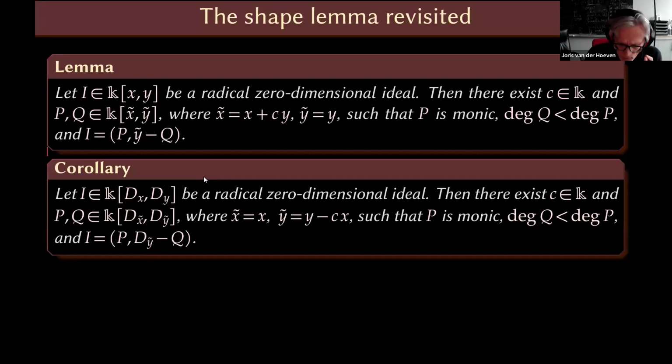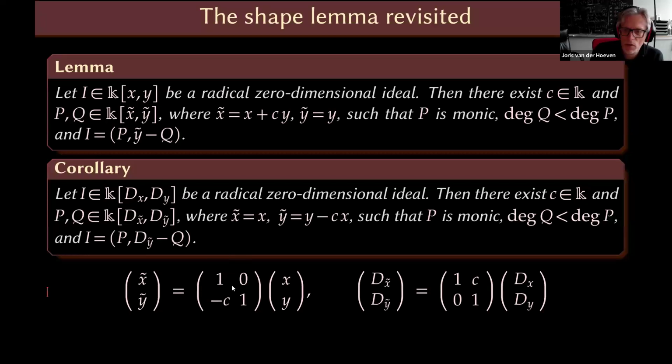I made a slight modification here. As you see here, we had a change of variables for x and y. So if we want to translate right away, we should have a change of derivations here. But this change of derivations is linear, so it is also induced by a change of variables.